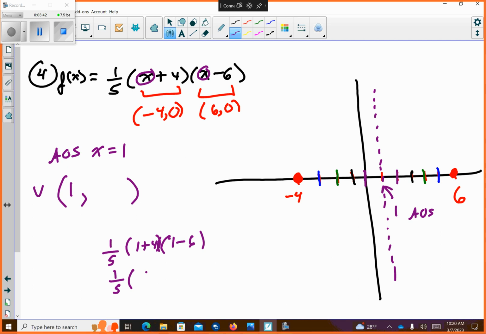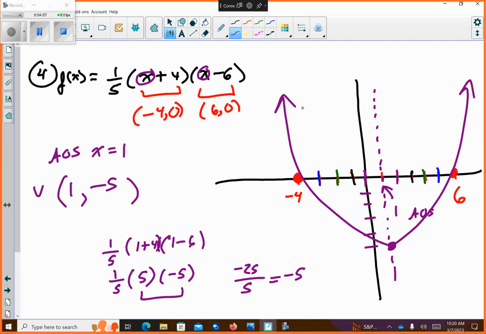So 1/5, that's 5, that's -5. Okay, this gives me -25 over 5, which is -5. So there's my vertex.